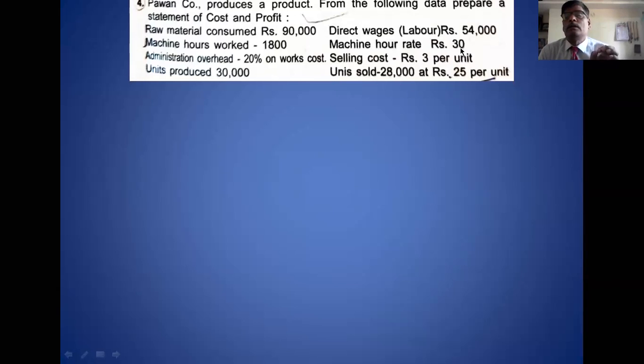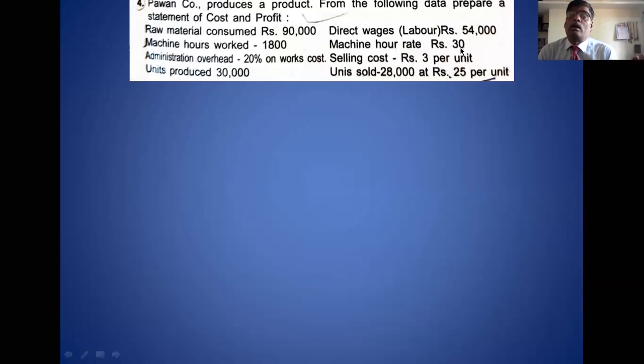What is the diesel required? What are the other expenses required? What is the help of the foreman? What is the help of the other workers?